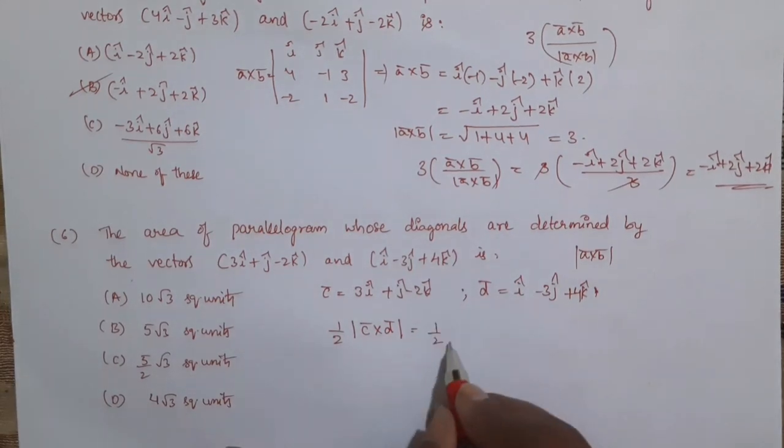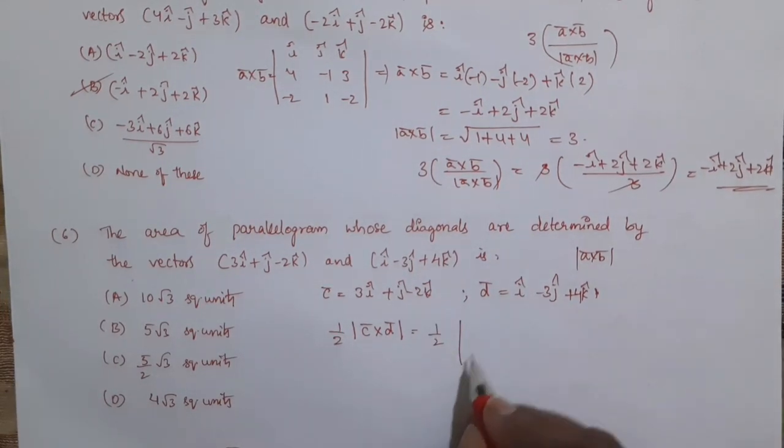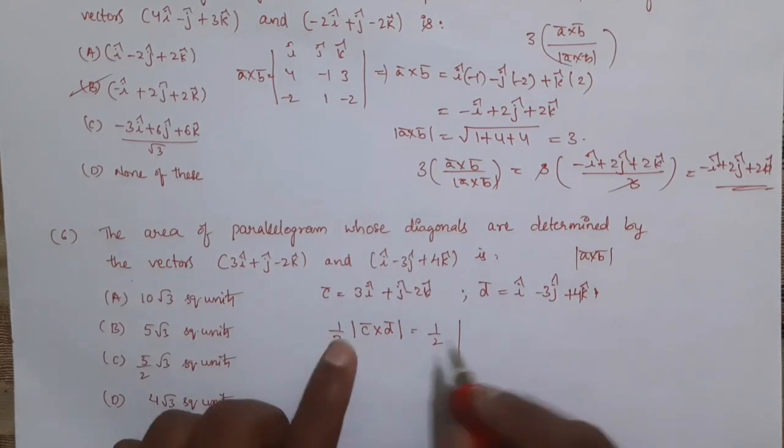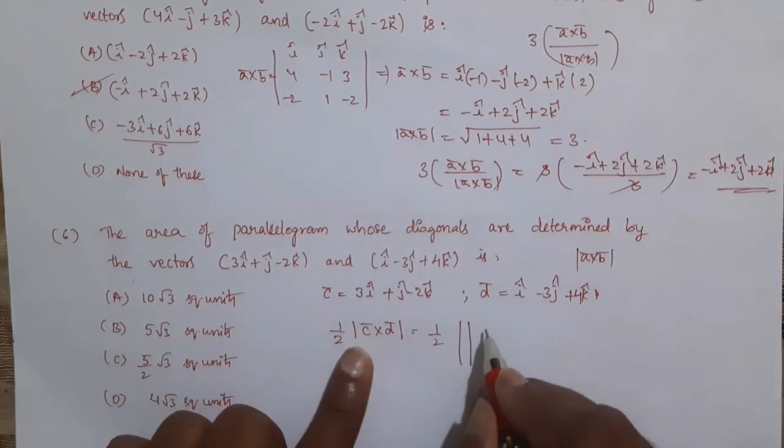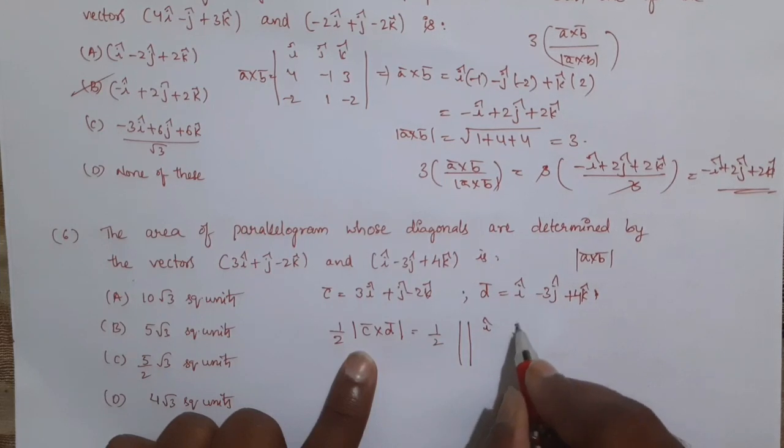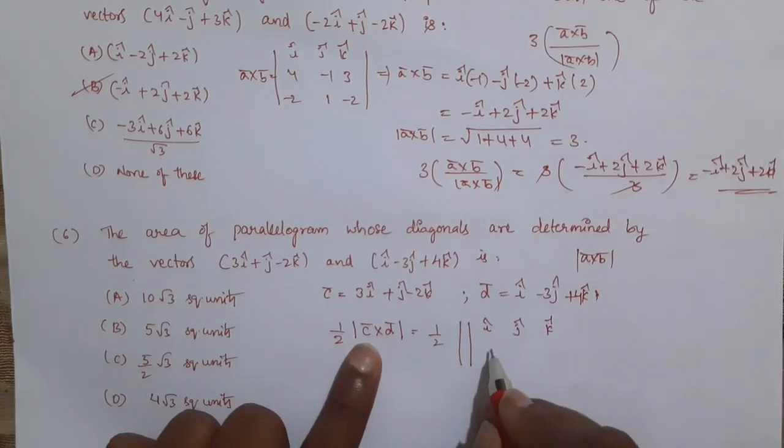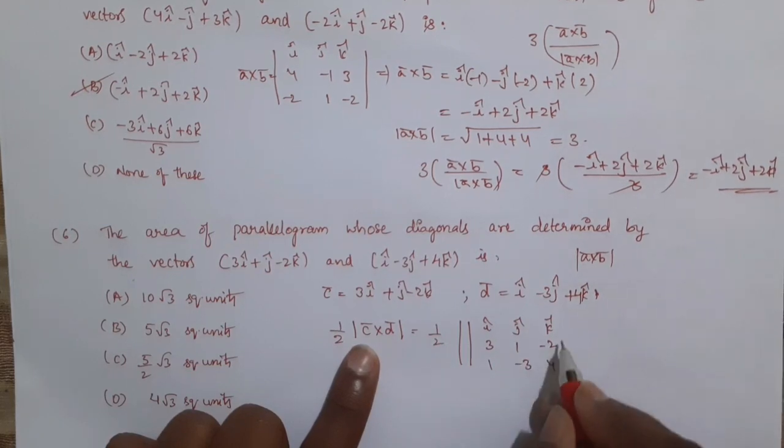So according to that, I will find first modulus of c bar cross d bar. C bar cross d bar, first that should be the determinant we need to find. i cap, j cap and k cap. C bar 3, 1, minus 2, d bar 1, minus 3, 4.